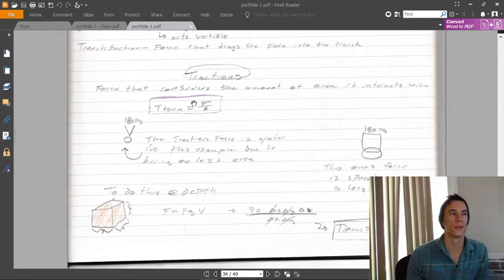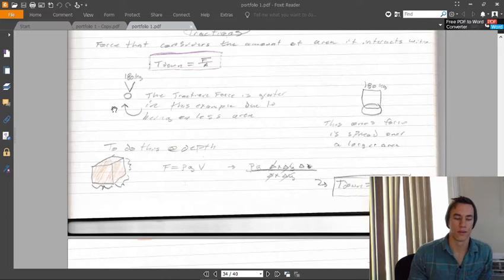Traction is pretty cool. It's the force that considers the amount of area it interacts with. My notes should suffice here. The amount of force spread over an area is not as much as the amount of force that's concentrated in just one point.